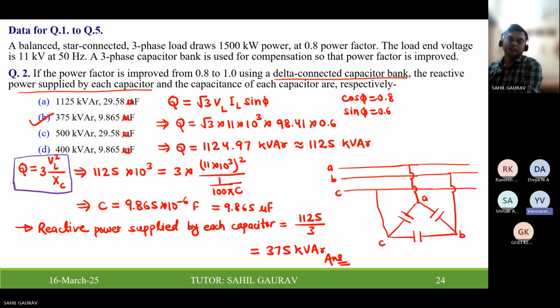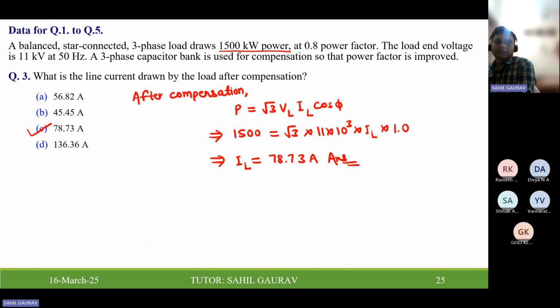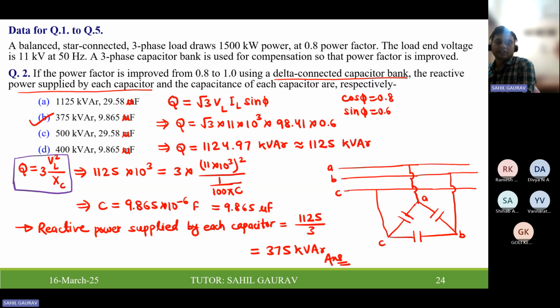No, it is not similar. If you connect in delta, it will be different. If you connect in star, it will be different. In delta, the voltage across this capacitor, you see, is the line voltage. And if you consider Y connection, it will be the phase voltage.